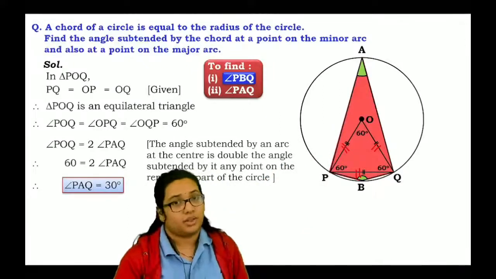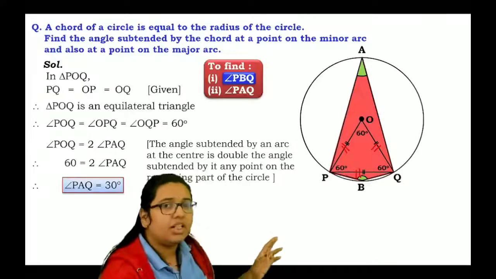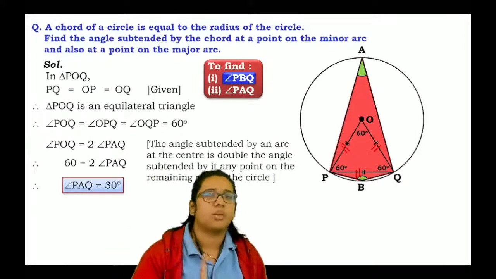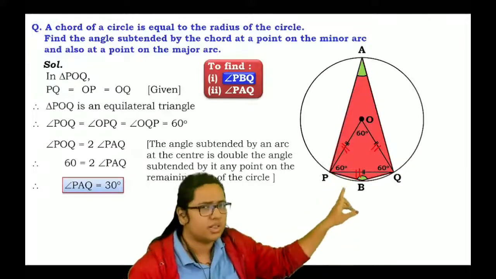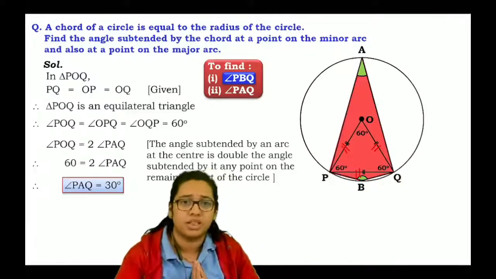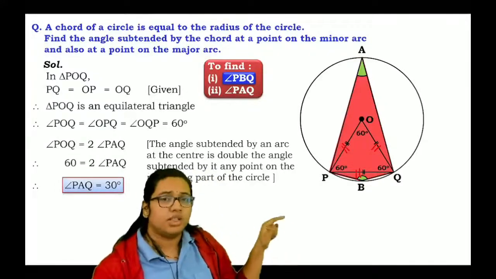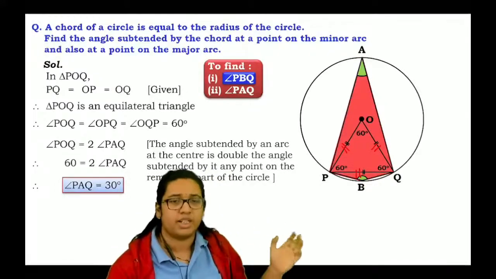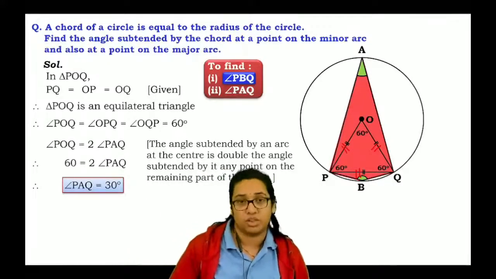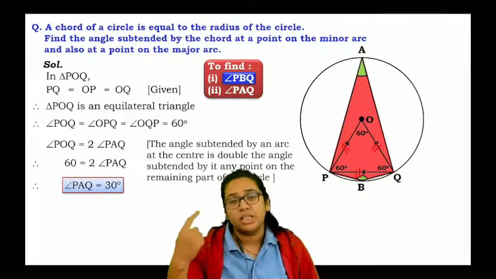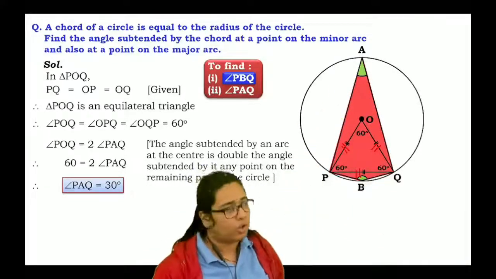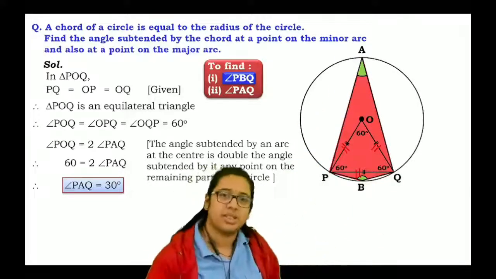Then now we can see it is a quadrilateral. But how did you get this quadrilateral? Look, all its vertices lie on the circle, so this is a cyclic quadrilateral. Obviously, it will be a cyclic quadrilateral. If we are talking about a cyclic quadrilateral, we know the property: the sum of opposite angles will be 180, or a pair of opposite angles are supplementary.